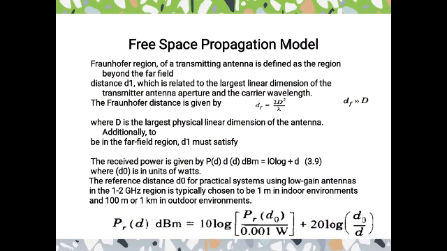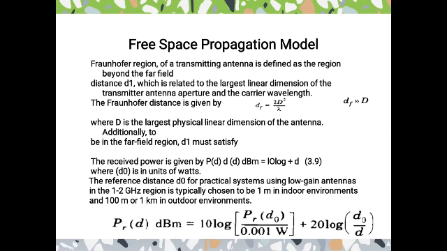The Fraunhofer region of a transmitting antenna is defined as the region beyond the far field distance df, which is related to the largest linear dimension of the transmitter antenna aperture and the carrier wavelength. That is, df is given by 2D squared by lambda, where D is the largest physical linear dimension of the antenna.